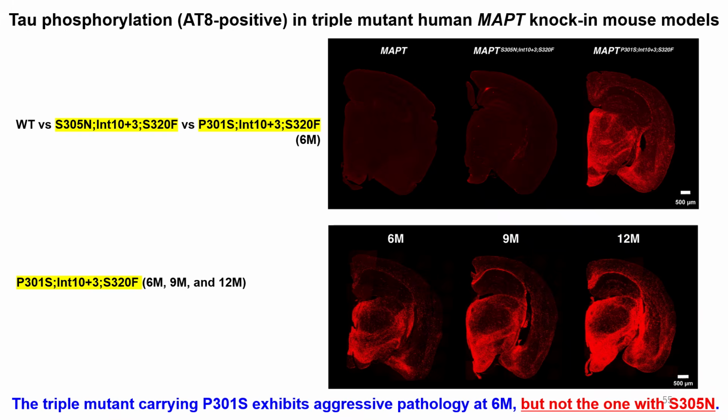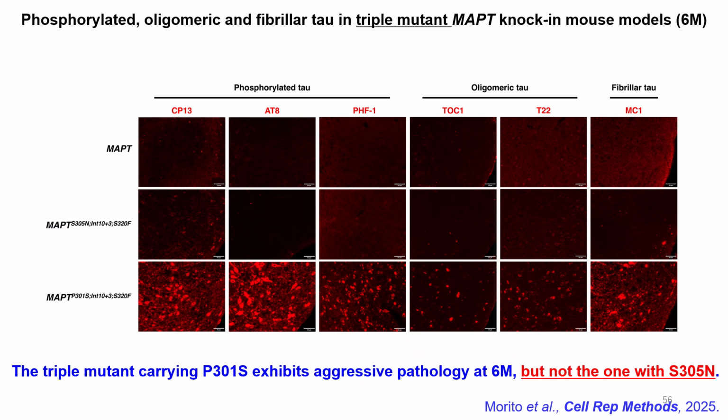This indicates that the triple mutant carrying the P301S mutation exhibits early aggressive phosphorylated tau accumulation, but not the one with S305N. Also, use of antibodies which recognize various states of tau indicate that phosphorylated, oligomeric, and fibrillar tau accumulates in the triple mutant carrying P301S at 6 months, but not the one with S305N.